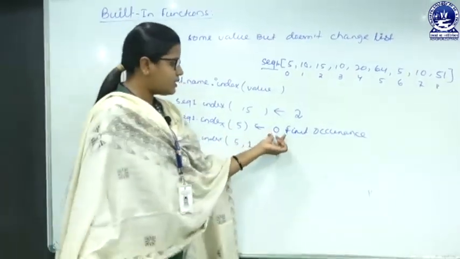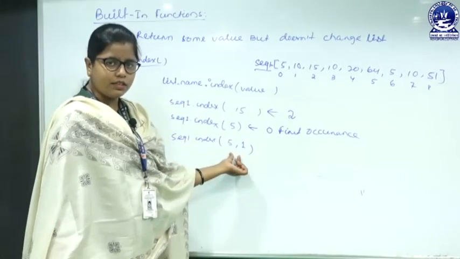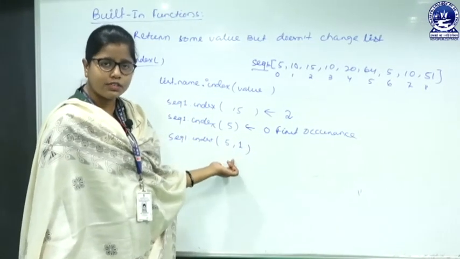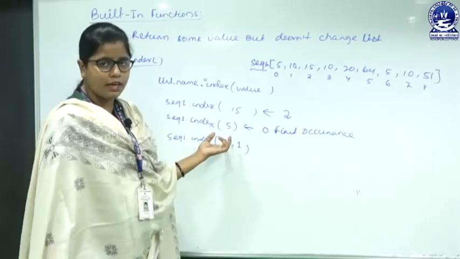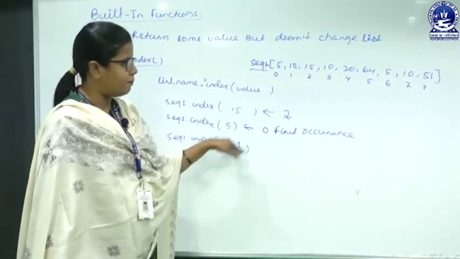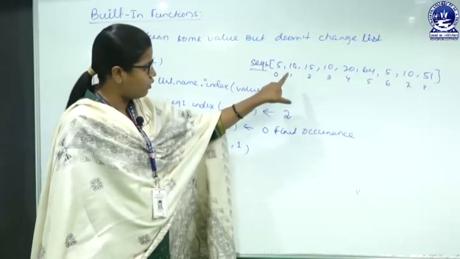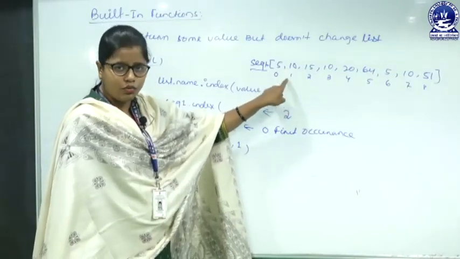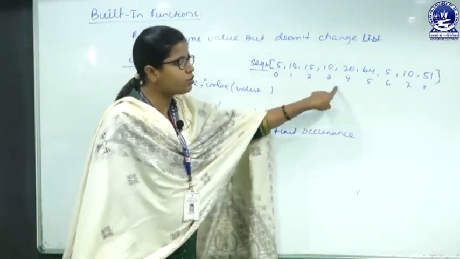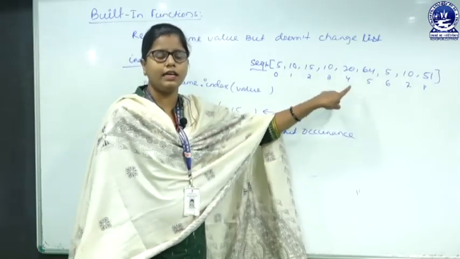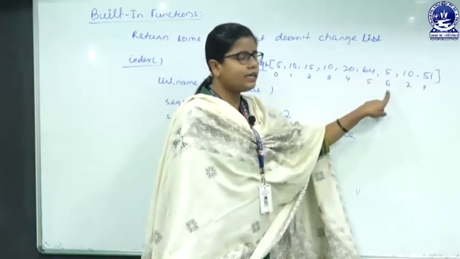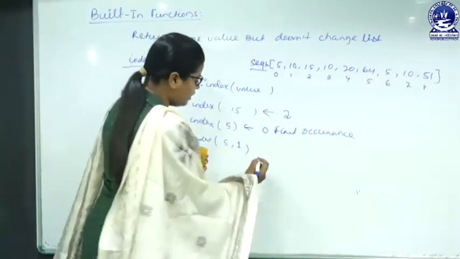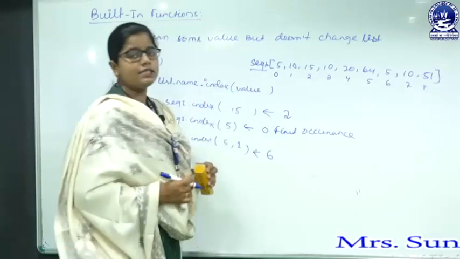If the first occurrence is 0, I can start with 1, which means I am ignoring the first occurrence. We will start searching the index of 5 from index number 1. So, I will skip 0 and go directly to 1. From here, I search for the index of 5. Once I get 5 here, the index is 6, so it will return 6.